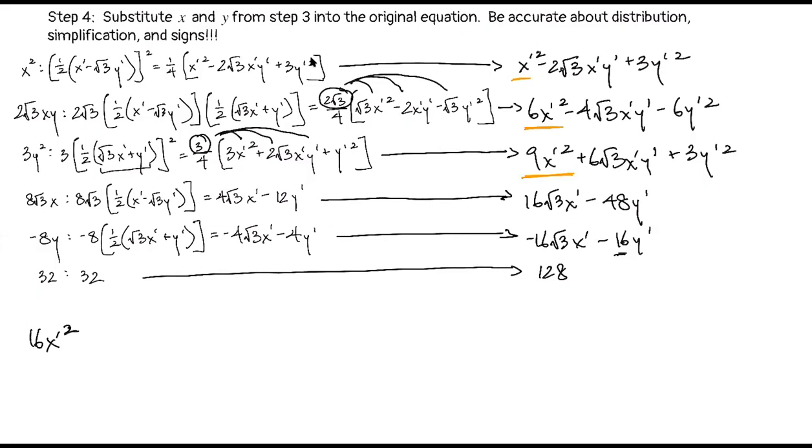Now remember, we hope that all of our x prime, y prime terms cancel out to 0, right? That was the goal of this whole step. So -2 root 3 of them, -4 root 3 gives me -6 root 3, which is perfect because I have a positive 6 root 3 here. So those do in fact go away.